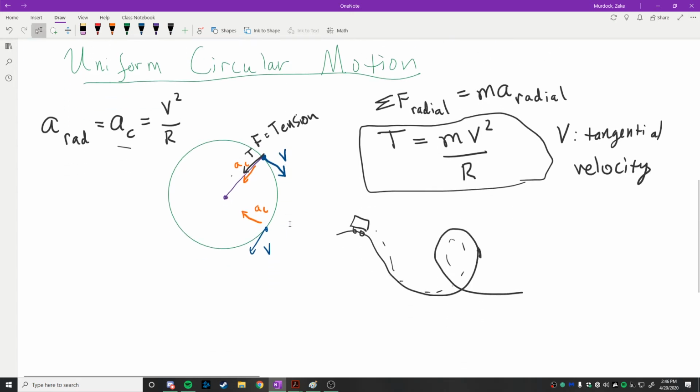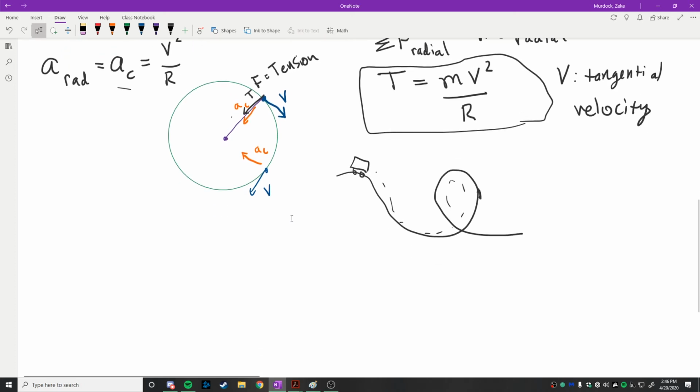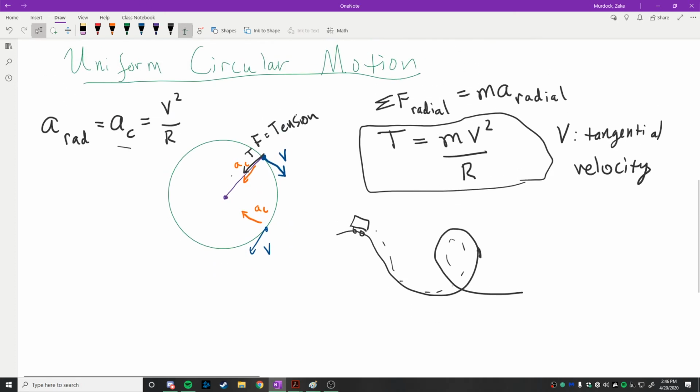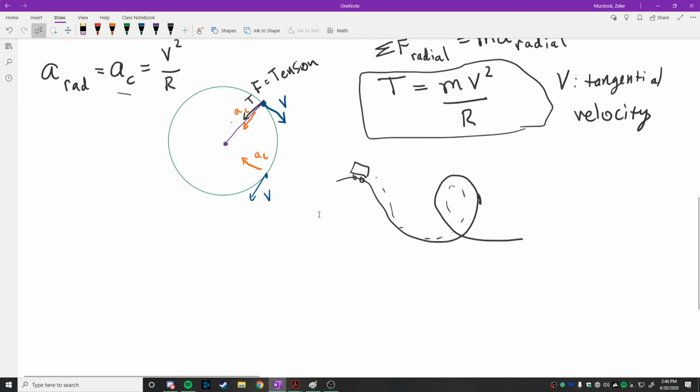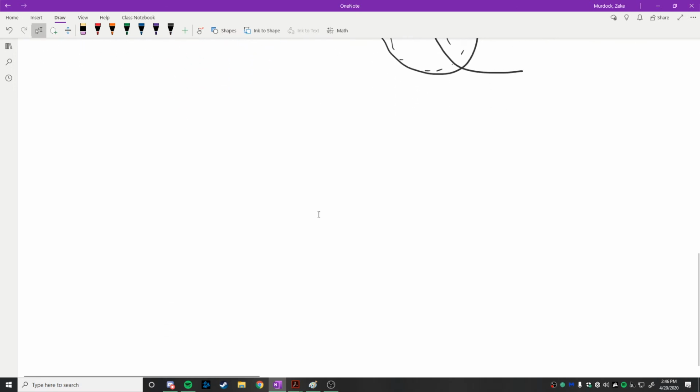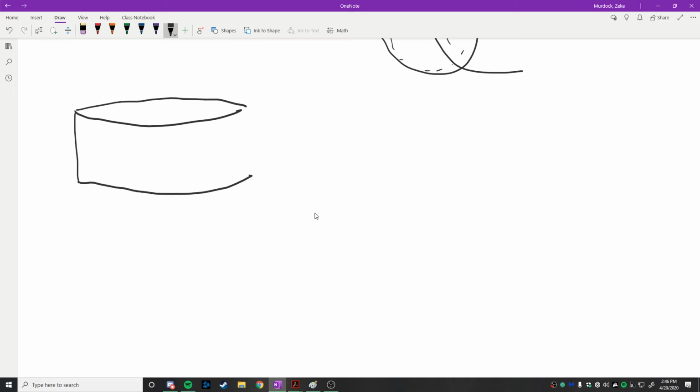In terms of circular motion, I kind of want to talk to you about one particular situation, just to relate this to you guys. It's something maybe you've seen before. So, have any of you guys ever ridden on a ride at an amusement park where this is basically how it's set up? You've got a large cylindrical container, and this cylinder is rotating about an axis that runs through it, kind of like this.